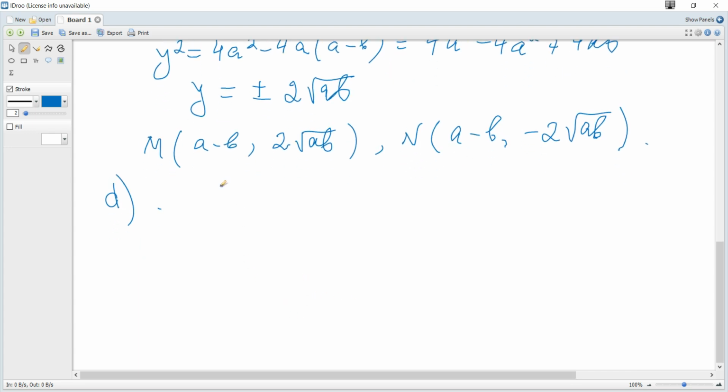So there are two curves, and it is given that they intersect at right angle, and if they intersect at right angle, if we draw two tangents, tangents also must be what? Perpendicular.